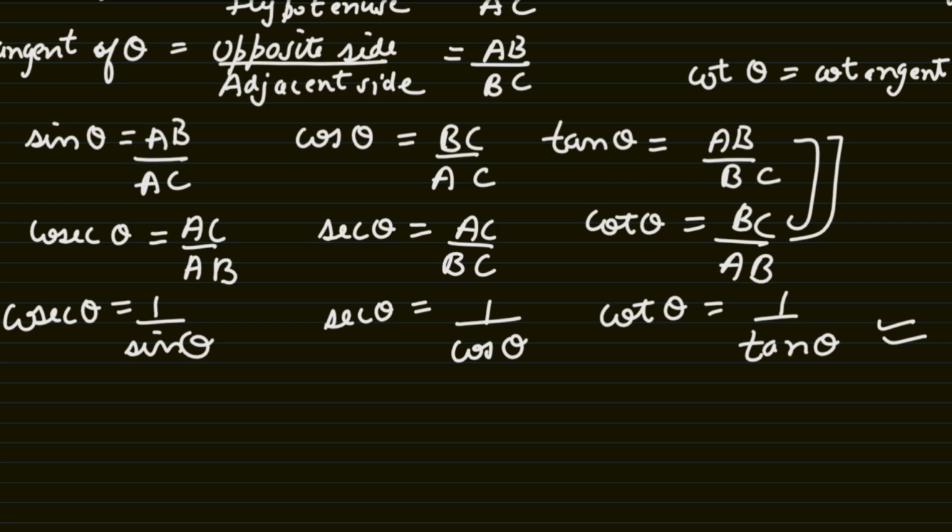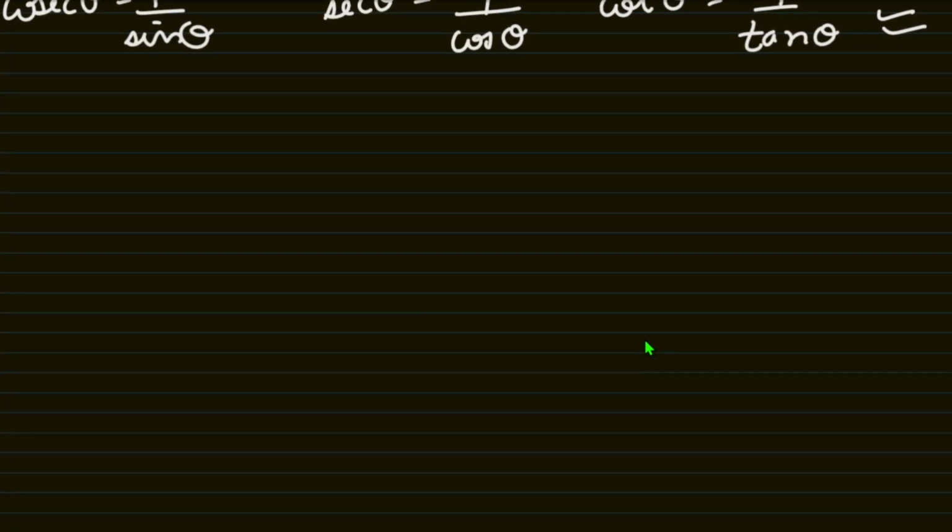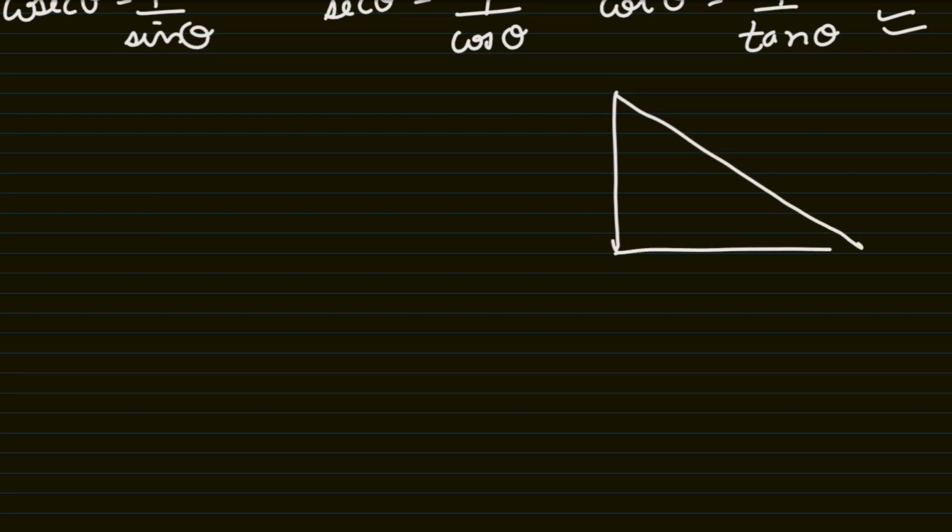If you want to learn this in an easy way, or a short trick to remember the values, what can you do? Again, here I'm drawing a right angle triangle. Here I'm writing it as A, B, and C. This angle is 90 degrees.